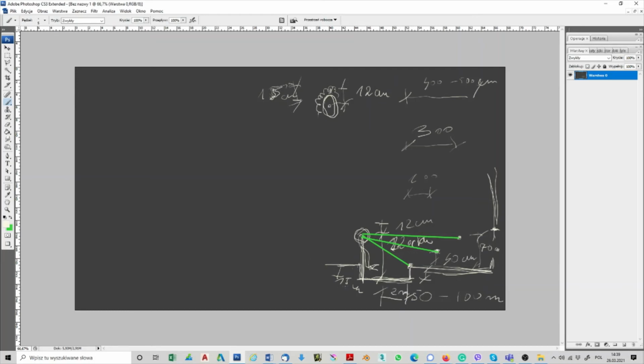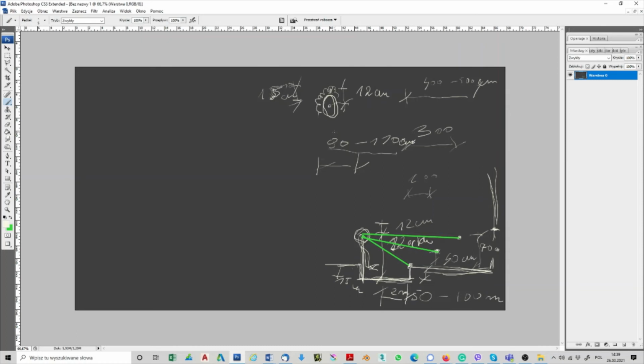So the first step is 15 centimeters, and the distance for these rows varies. As you remember from the lectures about evacuation, it can start from 90 centimeters and come up to 1 meter 10, depending on your assumption here.